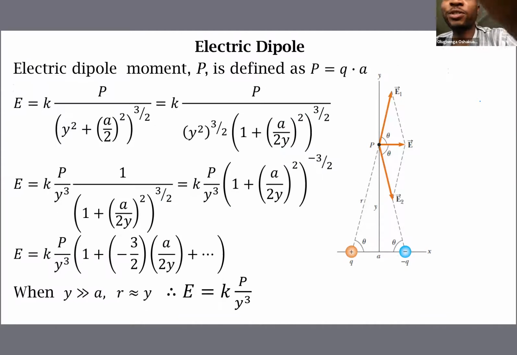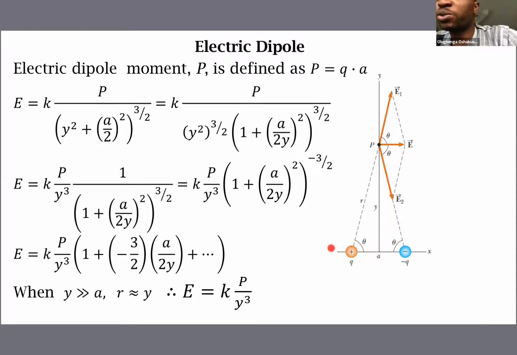So from that expression, we can now talk about what is the electric dipole moment. Electric dipole moment is defined as P equal to the product of the charge and distance of separation. A dipole is a system made up of 2 charges that have the same magnitude but opposite signs.